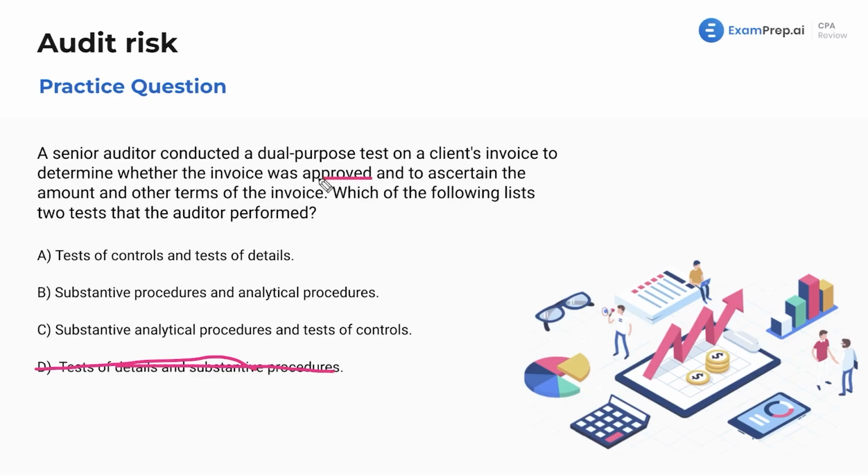So if it was approved, that was testing our internal controls, because approval of documents is an internal control. And then to ascertain the amount and other terms of the invoice, this is testing the specifics of this one item. So that would be a test of detail, also known as substantive testing.